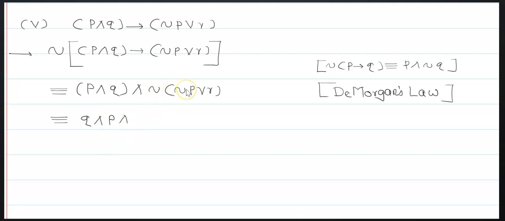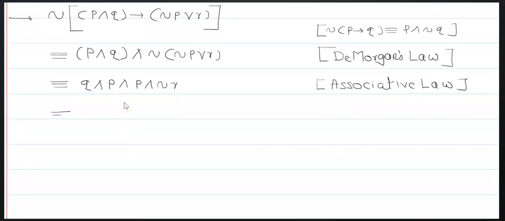And negation of P is the original statement P. This OR will become and negation of R. Now P and P is again P, and that is nothing but the Idempotent Law. This is the Idempotent Law.